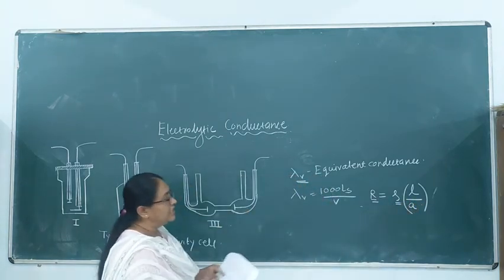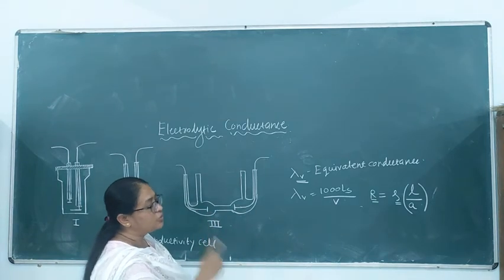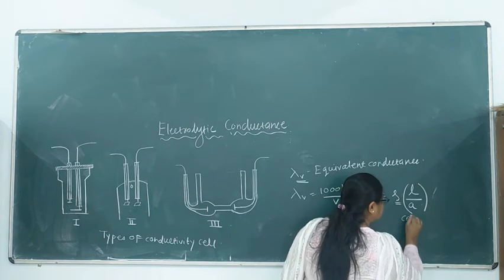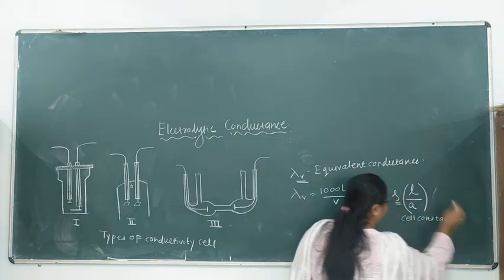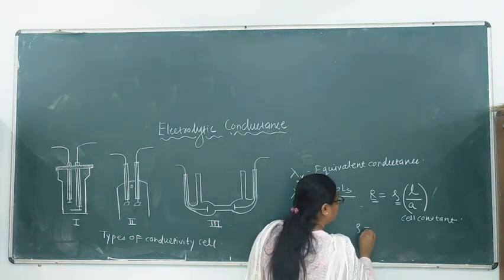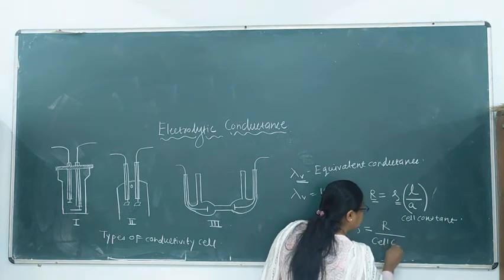Now, the ratio of the distance between the two electrodes and their cross-sectional area is called the cell constant. And if you want to calculate rho, rho is equal to R divided by cell constant.